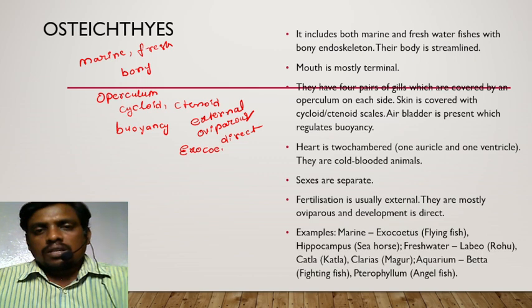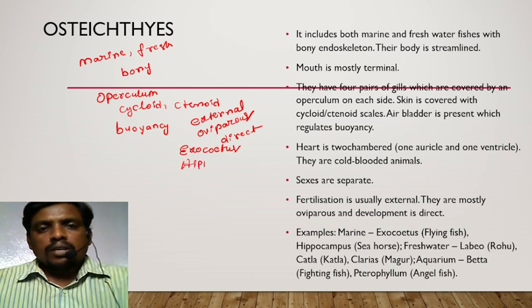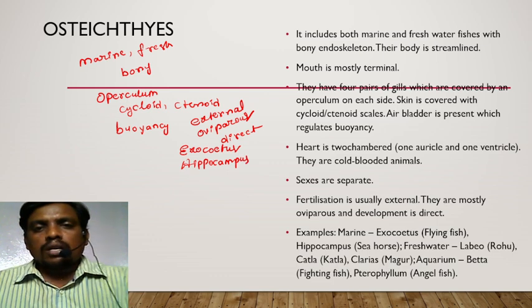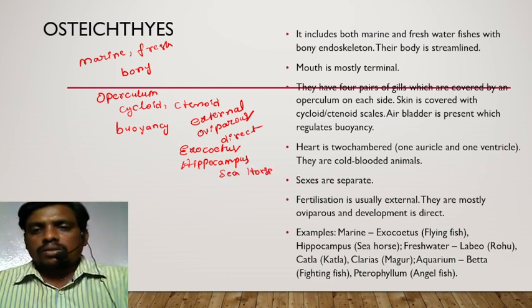Examples: Exocoetus, commonly called flying fish. Hippocampus, commonly called seahorse.